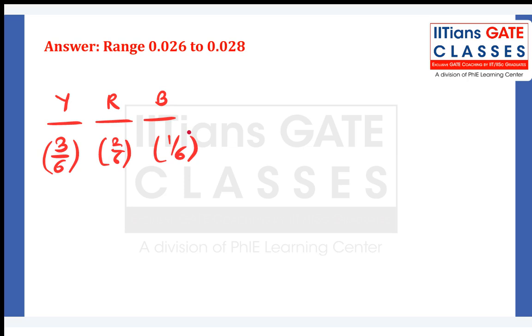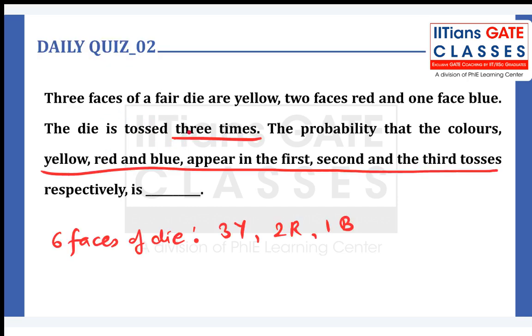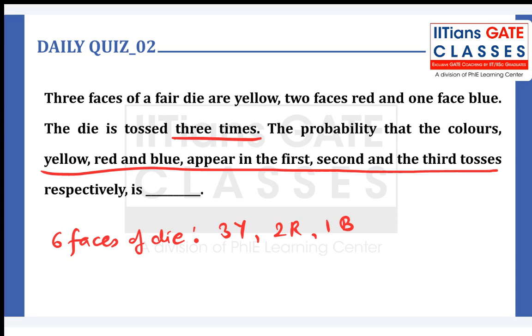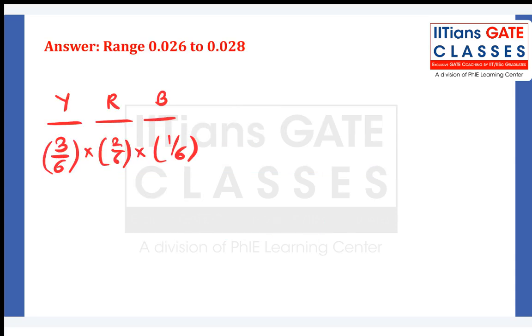See, if they had asked that in these 3 trials, one has to be yellow, one has to be red, and one has to be blue, then yellow can appear on the first trial, second, or third. So in that case, you need to multiply this fraction by 3. But here they have specifically told you that first is yellow, second is red, and third is blue. So in that case, this is the only case that is possible.